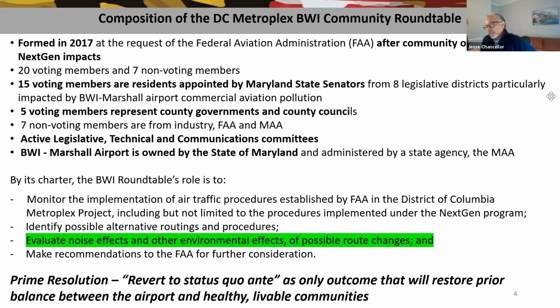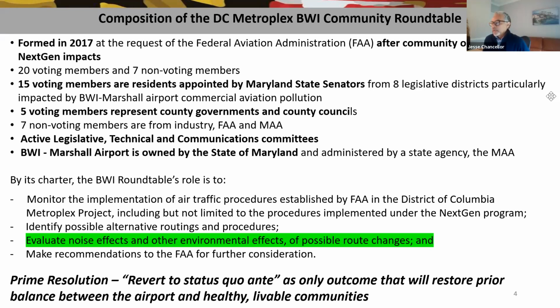It's key to note that we have 3 active committees, one for legislative affairs, one for public communications, and another for technical issues. And our airport is owned by the state of Maryland, unlike a lot of airports around the country, which gives us greater legislative control.